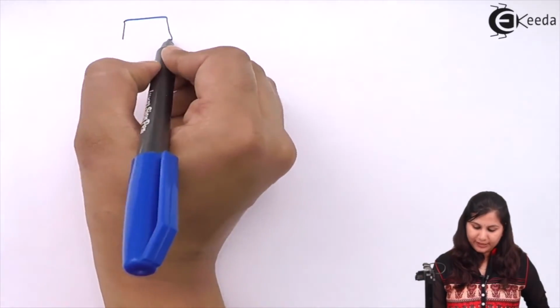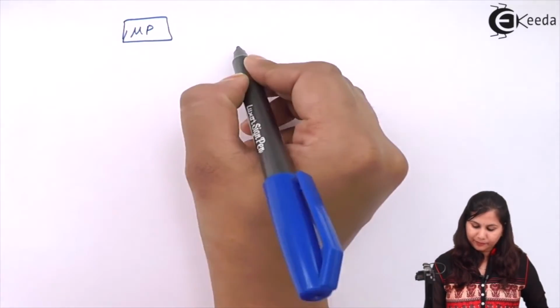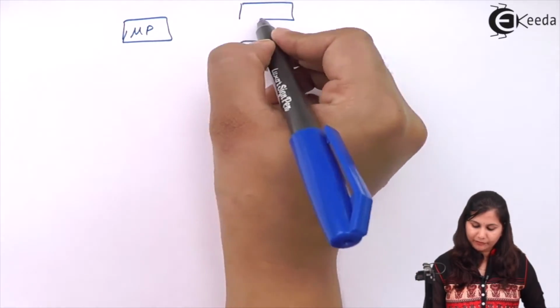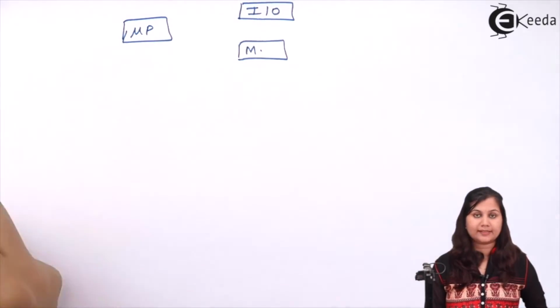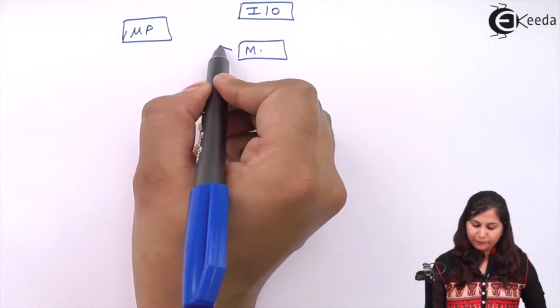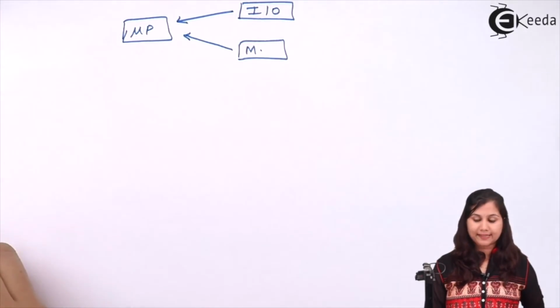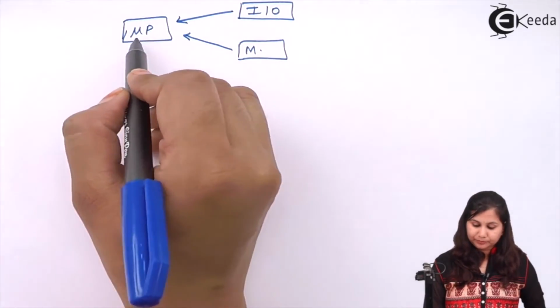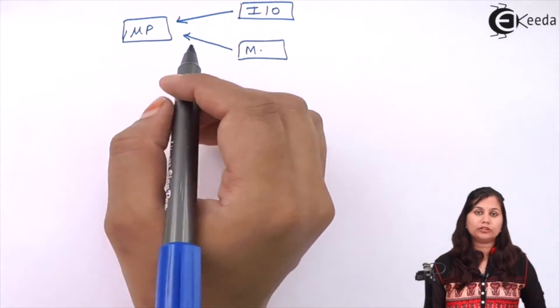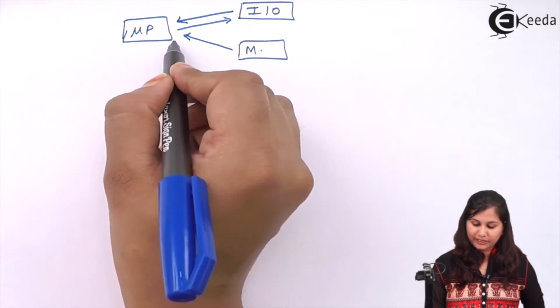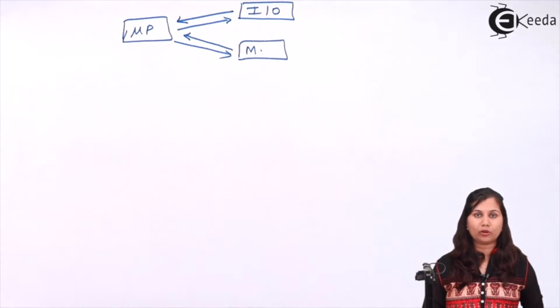So we have, this is the microprocessor, we have memory and we have input output devices. So this data can come from memory or it can also come from input output devices, and the output or the result can go to the output devices also, and it can be stored in the memory also.